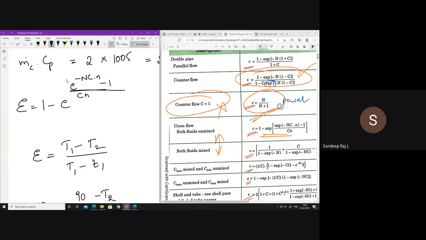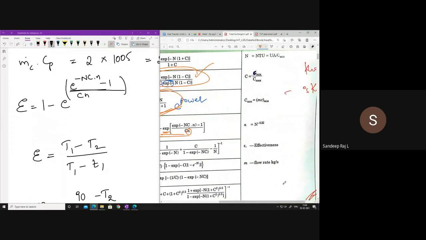See why I have written it like this means, e to the power of the whole thing, then మళ్ళీ e to the power of minus nc into this thing minus 1, so c into n. మళ్ళీ ఇక్కడ n అంటే ఏదో కొత్తగా కనిపిస్తుంది మీకు. n అంటే ఏంటో కూడా అక్కడ రాస్తాడు చూడండి. n ఈజ్ ఈక్వల్ టు క్యాపిటల్ n పవర్ minus 0.22. ఓకే, అది కూడా మీరు చూసుకొని రాసుకోండి.